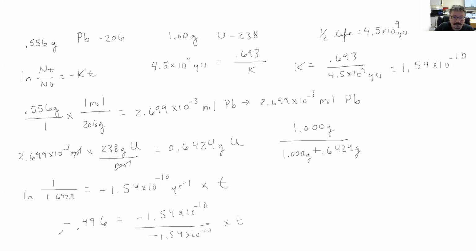It's the exact same equation we've seen multiple times. Really, the big hiccup here is figuring out what to do with the lead, how to find that N_0, and making sure we're converting the lead over to uranium, unless they already gave us the moles or ratios of atoms, and then we could just add those together to find N_0.